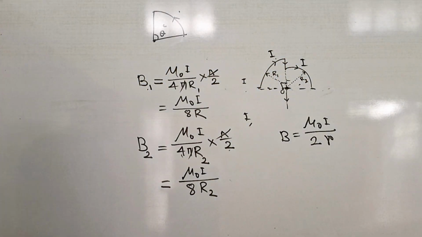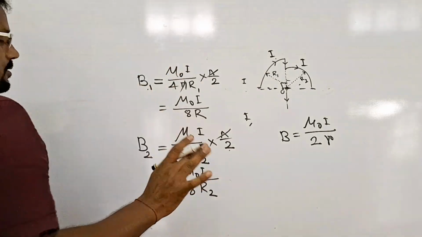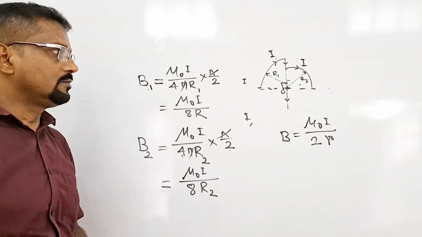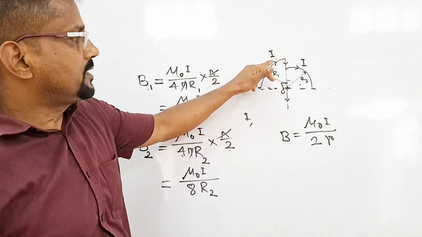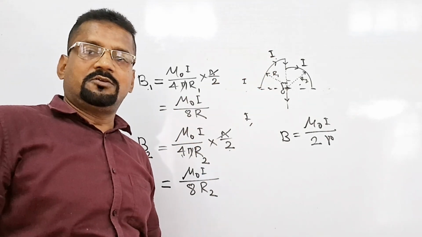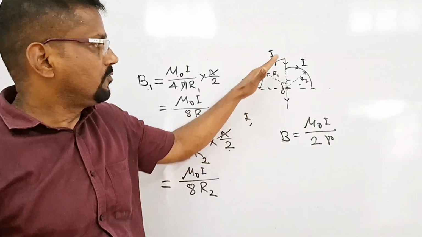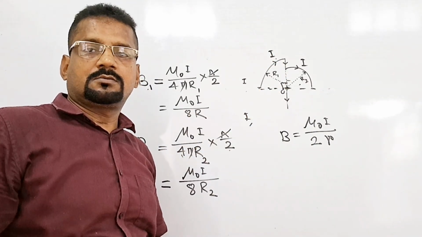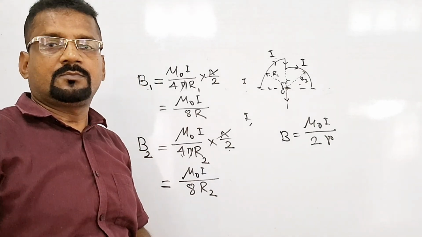After that, B1 and B2, so for the net magnetic field, do one thing. Now the direction of the magnetic field B1. Current flows in this direction. Just imagine you are walking in the direction of the current on the way, and to your right side that is cross, to your left side that is dot.